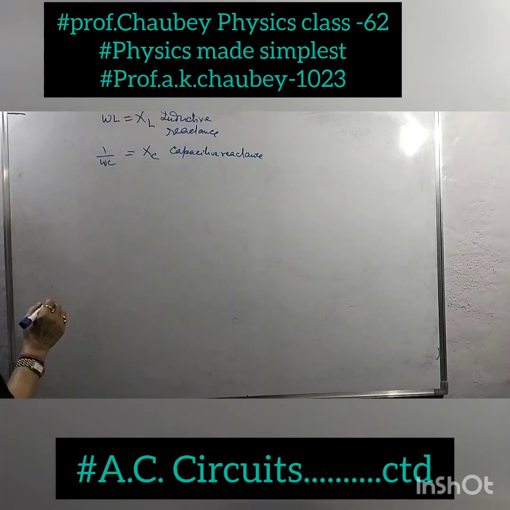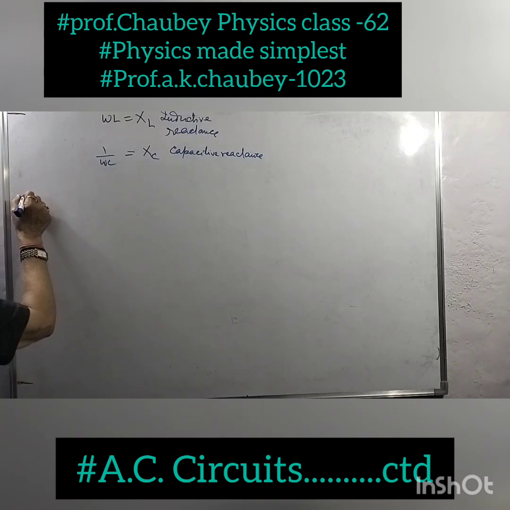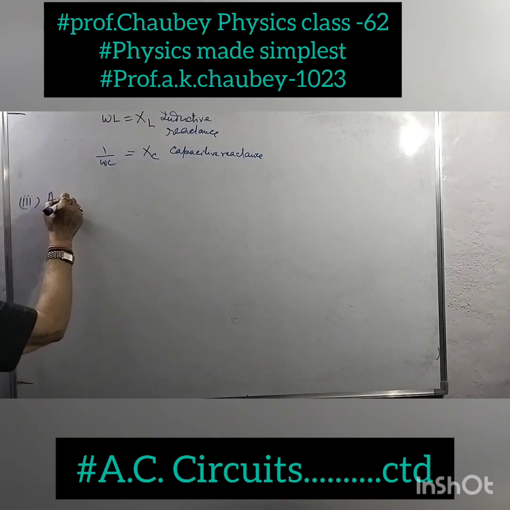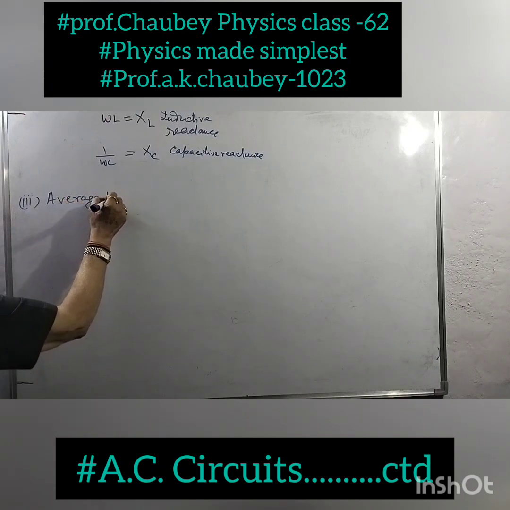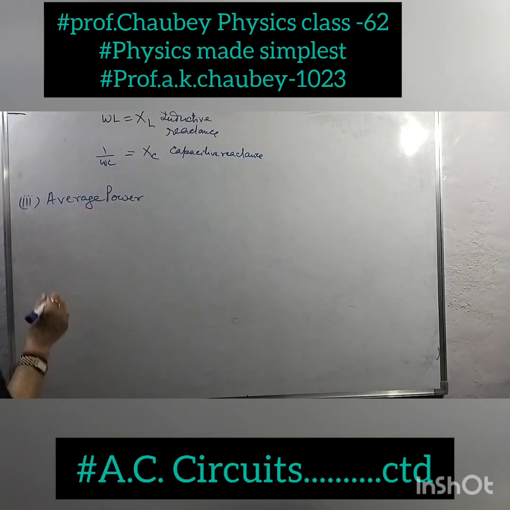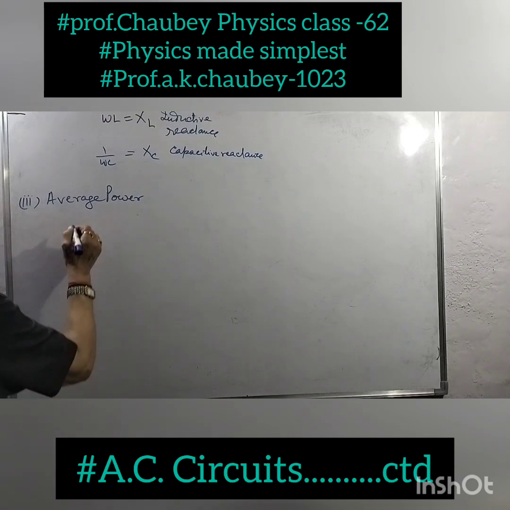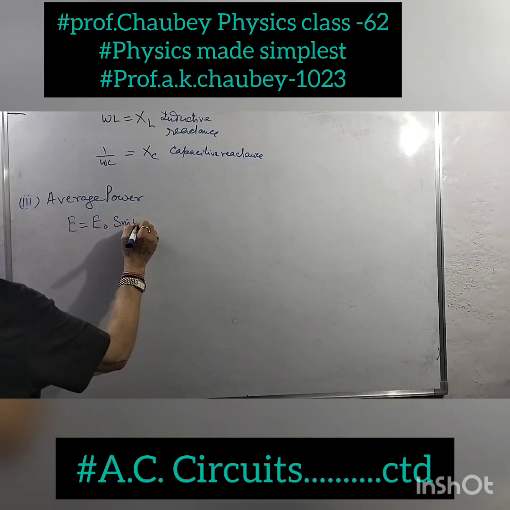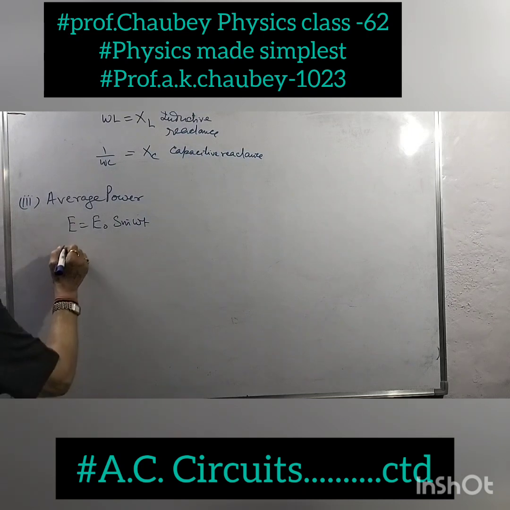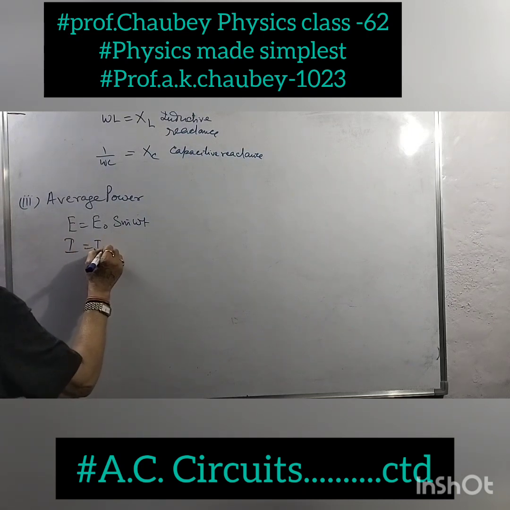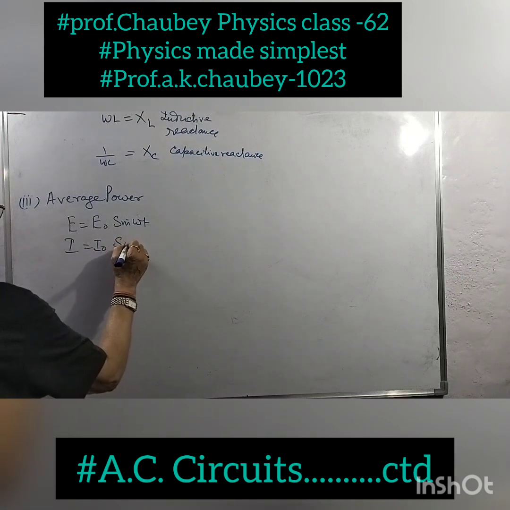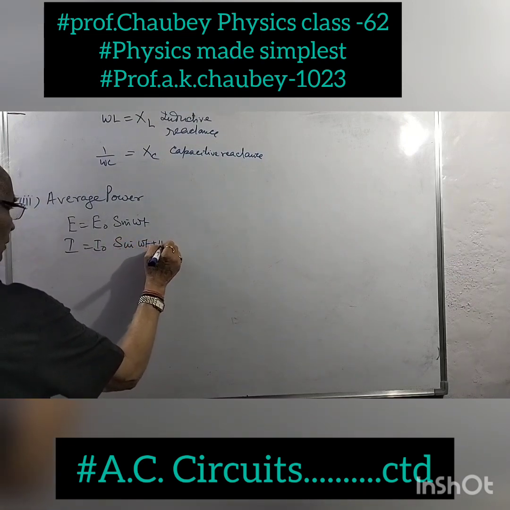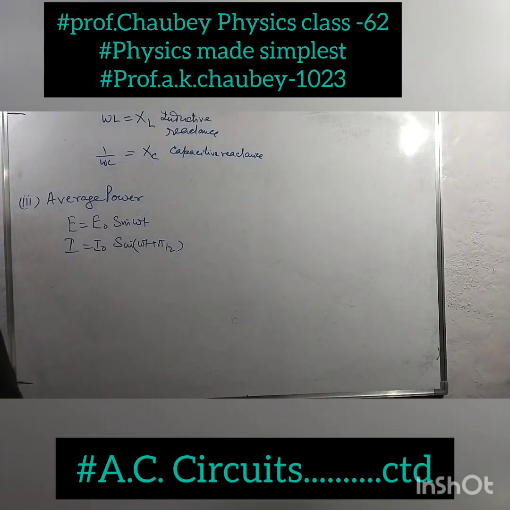So the third point I want to say is average power for a capacitor circuit. We can write E is equal to E naught sine omega t, and I is equal to I naught sine omega t plus pi by 2, and that is a power, instantaneous power at any moment.